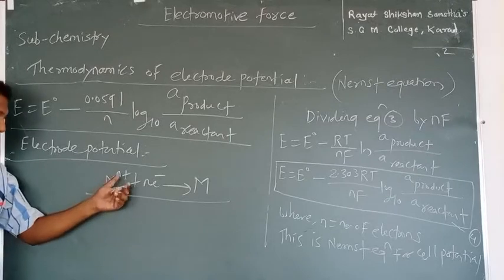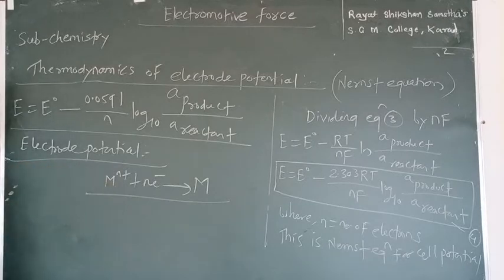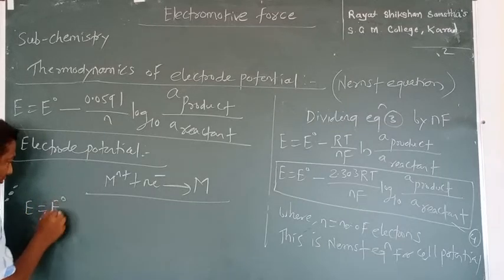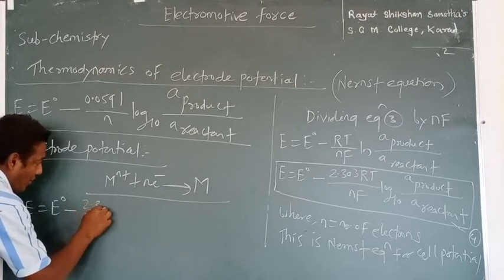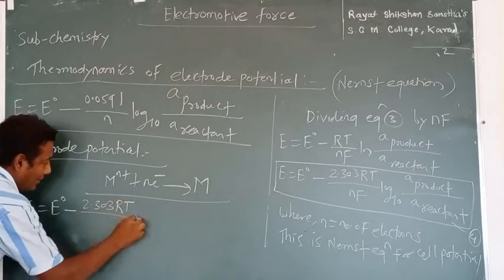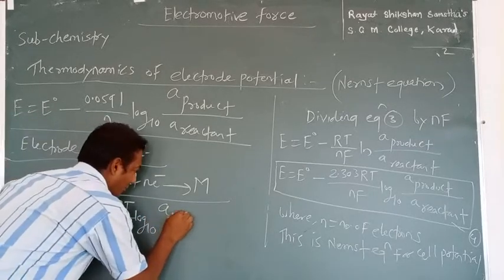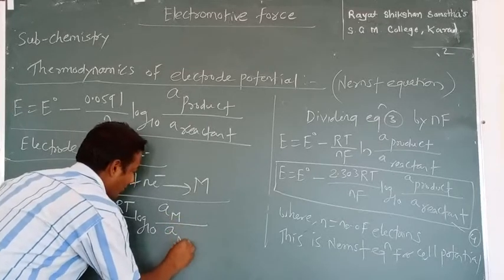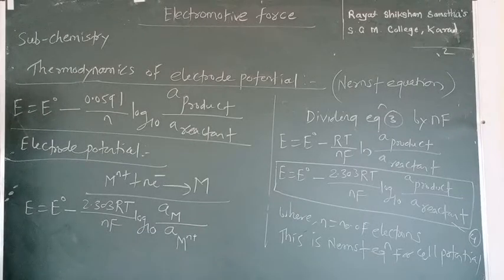Now the potential of this electrode is given by E is equal to E0 minus 2.303 RT by nF log to the base 10 activity of metal divided by activity of M n plus. This is the Nernst equation for the above electrode.